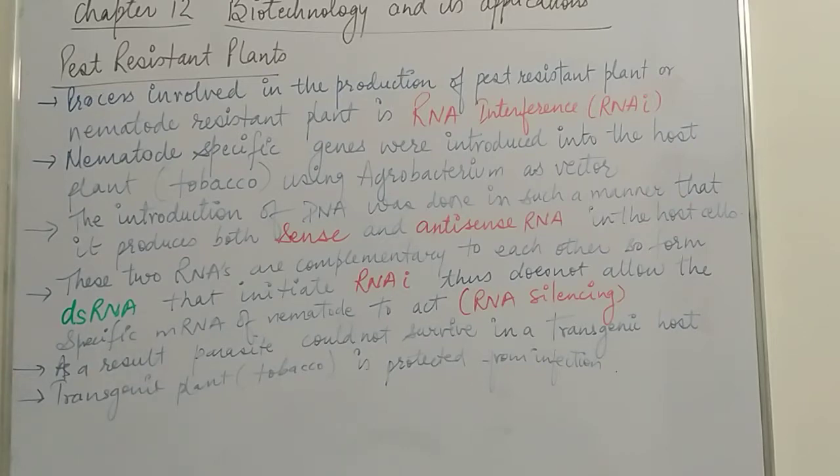When the messenger RNA of the nematode enters the host cell, it is not able to be recognized because of the presence of double-stranded RNA, and thus the activity of the messenger RNA of the nematode is silenced. Therefore, we call it RNA silencing.